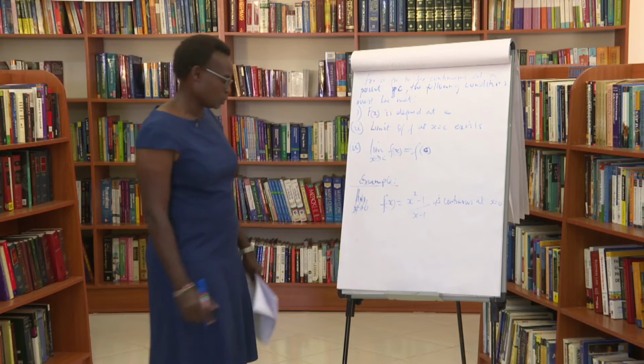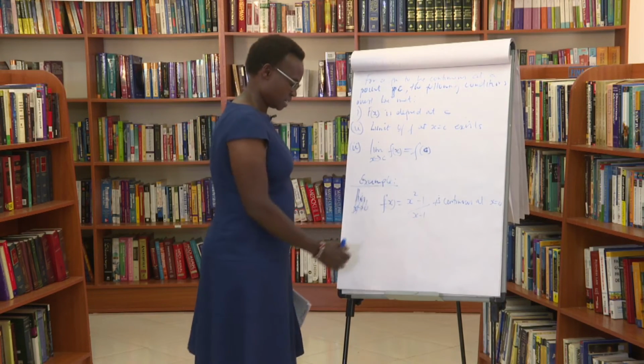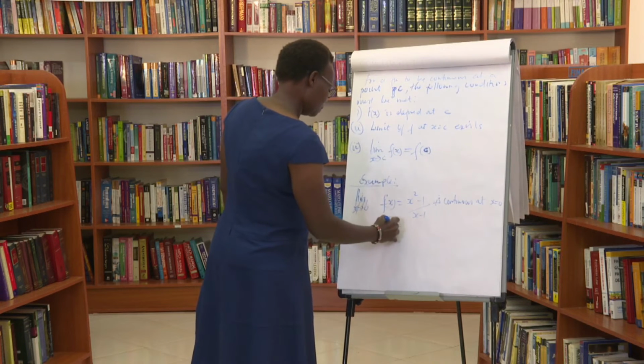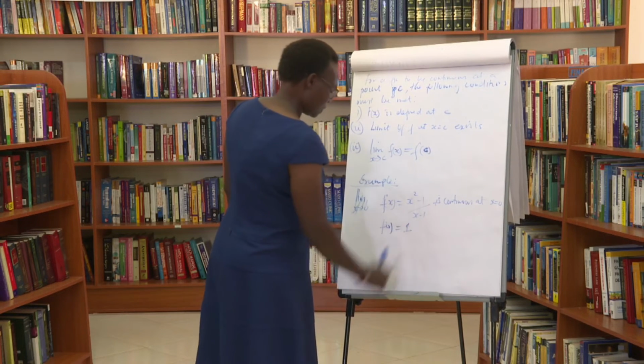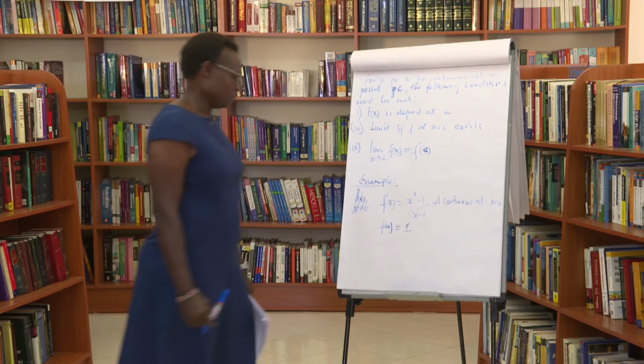So let's start with the first one. At x equals 0, we simply get f of 0. So f of 0 will give us 1. So f of 0 is 1. And then we get the limit.